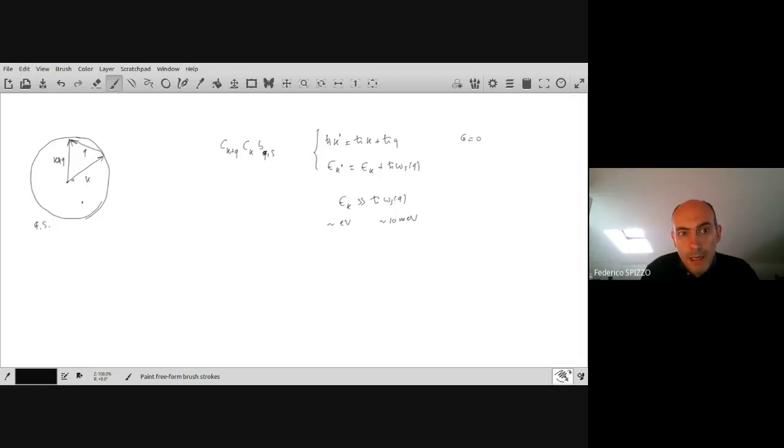So that's why I pick the initial electron here close to the Fermi surface, and also the final value for the electron is here, again very close to the Fermi surface.